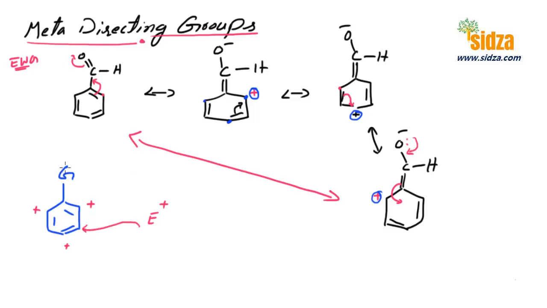So when this electron withdrawing group takes electrons away from the ring, the electrophilic aromatic substitution reaction will take place only at the meta position. So this group is called a meta directing group, right? This is a meta directing group.